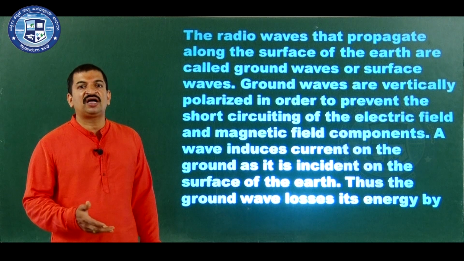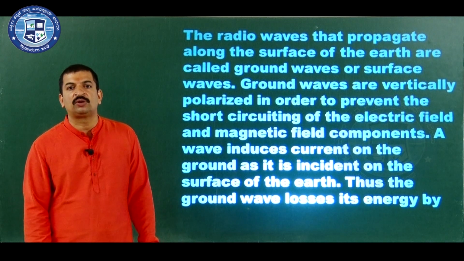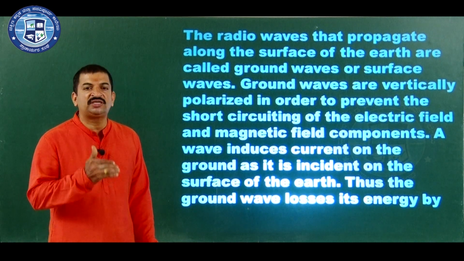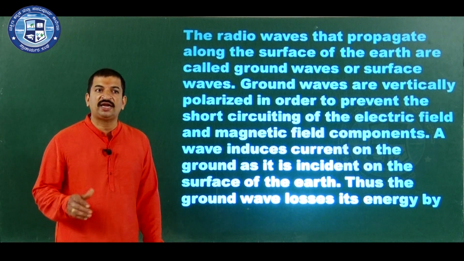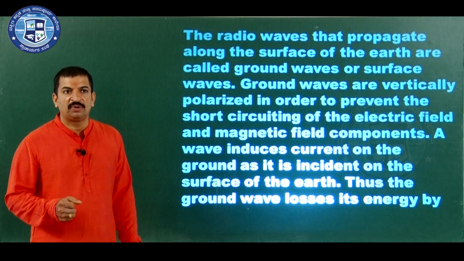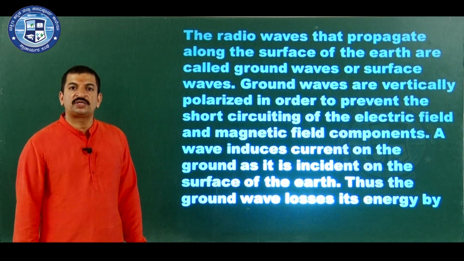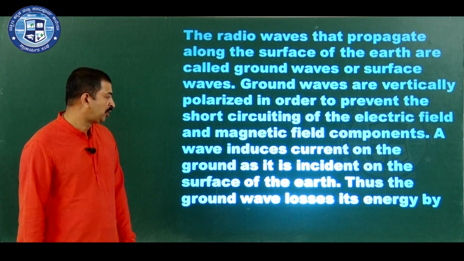So this limits the propagation of the ground waves to a few megahertz only. Very low frequency signals can be transmitted very easily with the help of ground waves, but high frequency signals get attenuated or absorbed by the Earth's surface. Frequencies up to 2 megahertz can be transmitted with the help of the ground waves or surface waves.